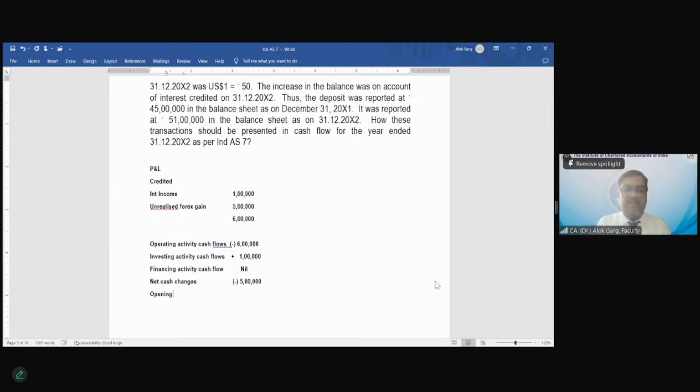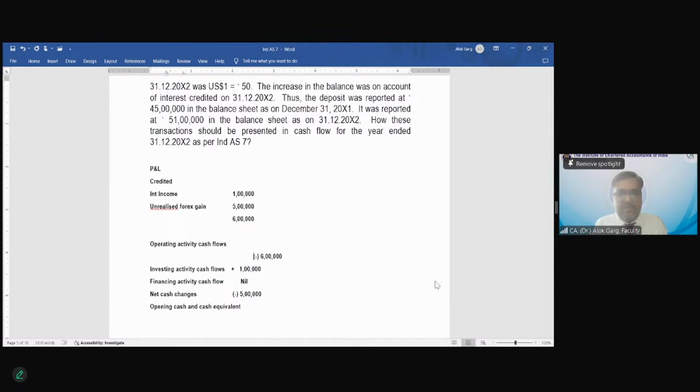My opening cash and cash equivalent. So friends, here I have to do one more adjustment, since I have written this minus 6 lakh.